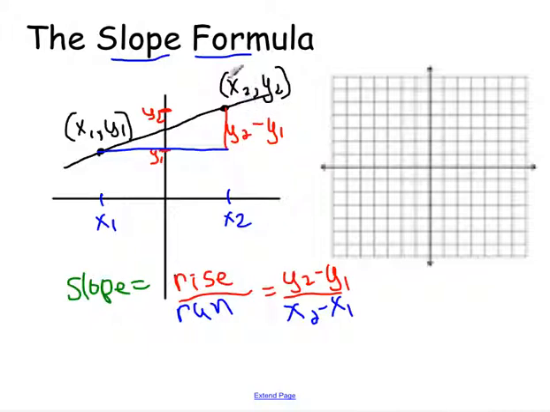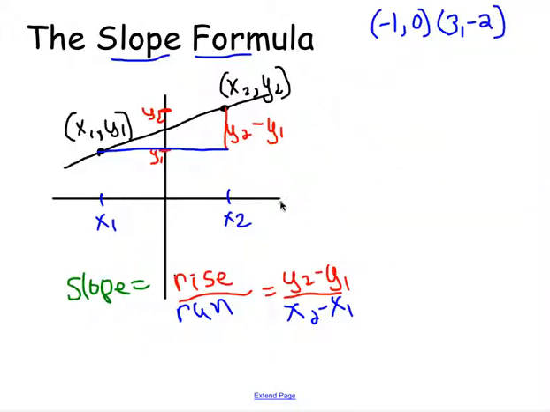In my example, I've got the coordinates -1, comma 0, and then I have the coordinate 3, -2. Well, I have a piece of graph paper here, and I actually don't want a piece of graph paper because I'm trying to do this using the slope formula. So the first thing I need to do is realize that each of these stands for something. x sub 1 is -1.